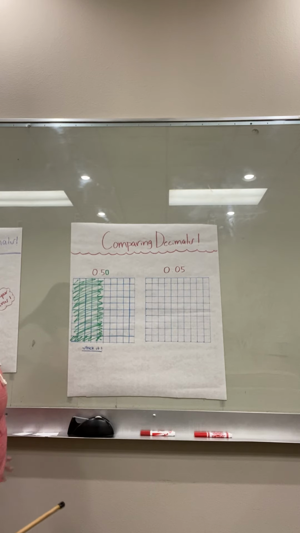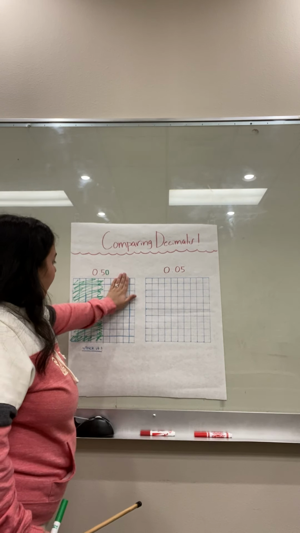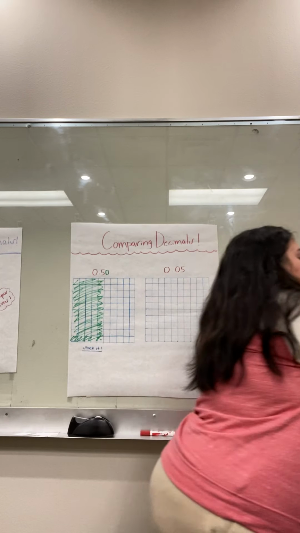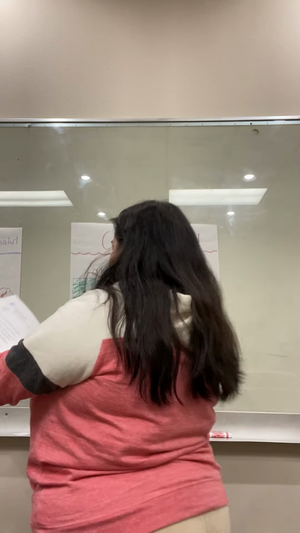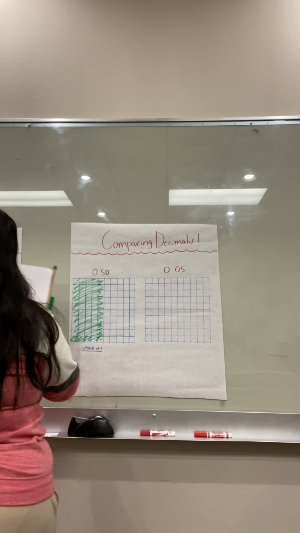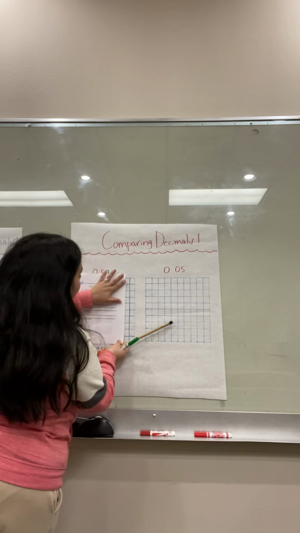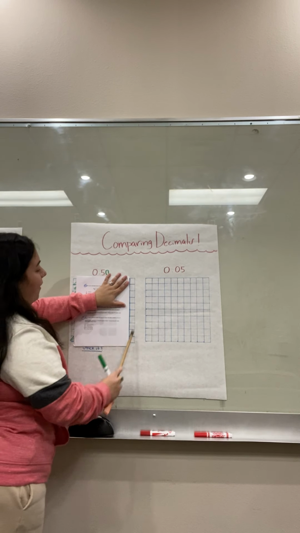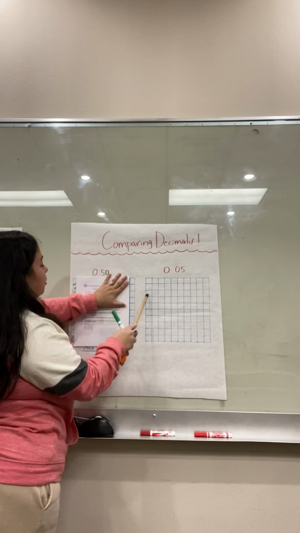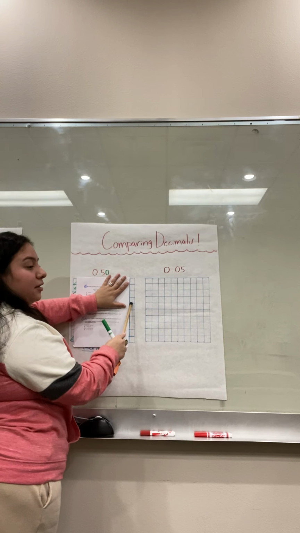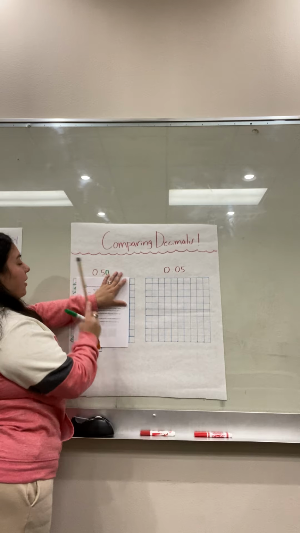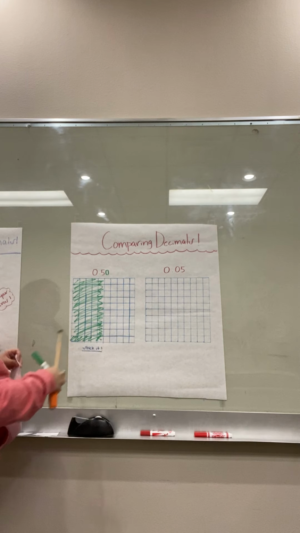And I want y'all to remember that all of this is 1/10, right? We have 1/10. This whole chart is made up of 10 of these 1/10s, right? Because we're looking at the tenths place value right here. So now I want us to go over here.